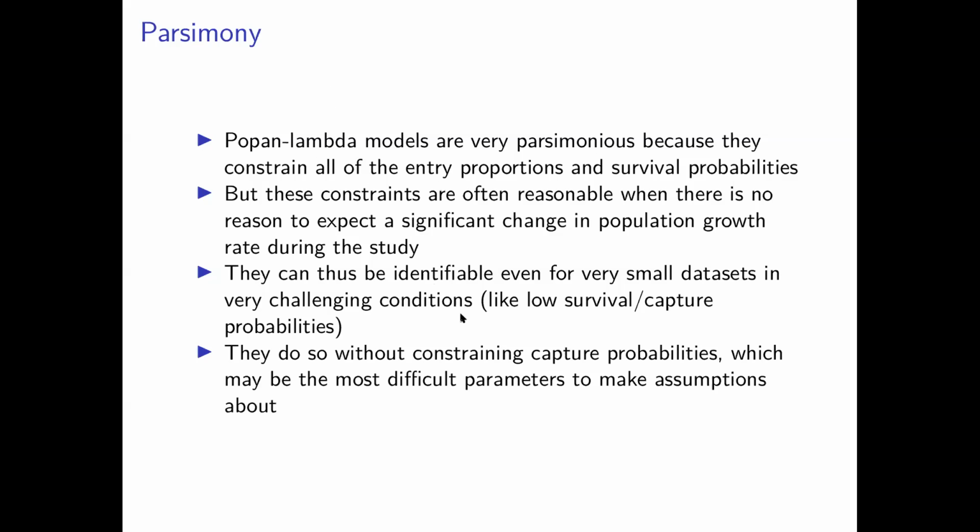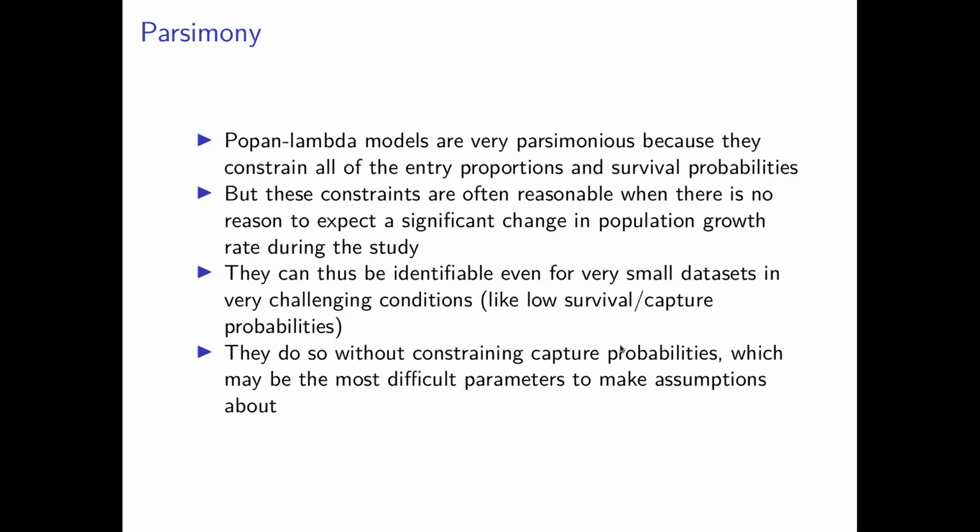And because it's so parsimonious, it can be identifiable even for very small data sets in very challenging conditions. For example, where there's low survival or low capture probabilities. When there's low survival, it's hard to recapture the same animals, which means that your data sets are less informative. They also do not constrain the capture probabilities.